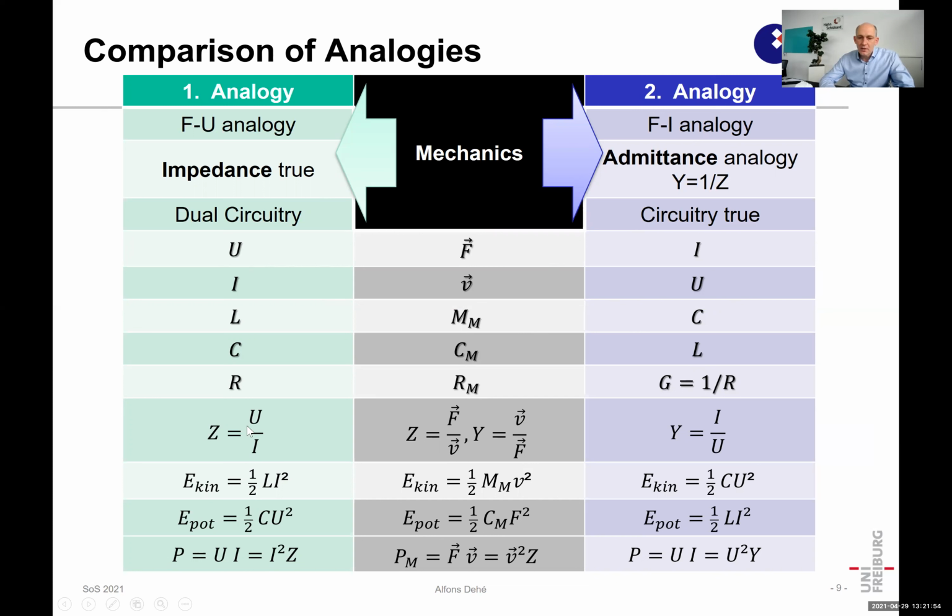Of course, you can give an impedance in the acoustics domain, in the electrical domain, and the admittance as the inverse in the second analogy. And then you'll be able to describe kinetic and potential energy as well as power. So this is simply a translation table to keep in mind if you get started. Later on, it's getting easier.